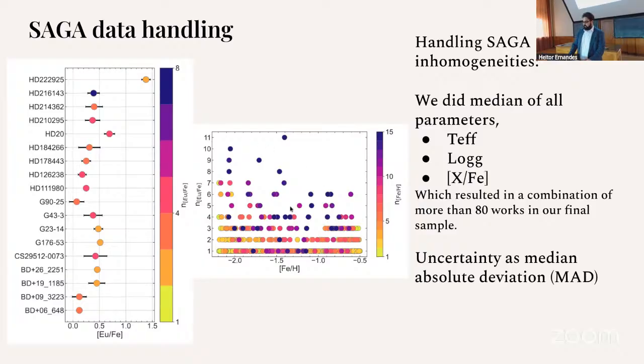And some stars that are quite popular in academia, people really like some very specific ones, had 11 measurements of europium. So we decided on a simple approach: just take the median of the Teff, log g, and the abundances. Because the whole sample is a combination of more than 80 different works. And we had some uncertainty to put some weight in what we are doing.